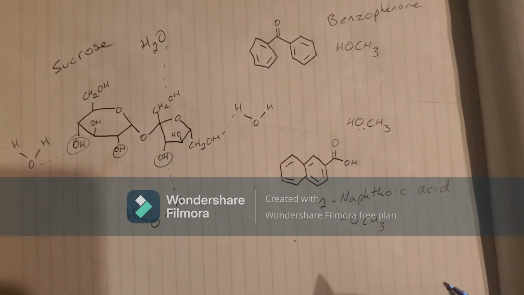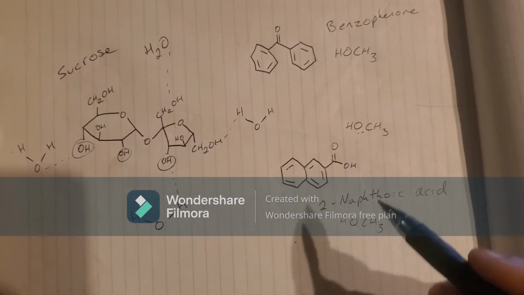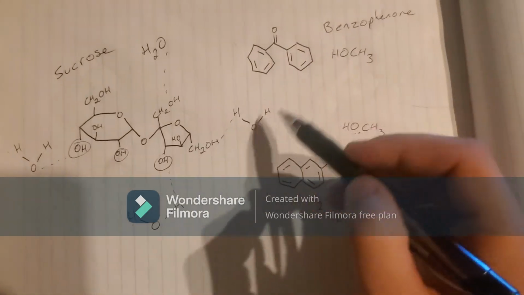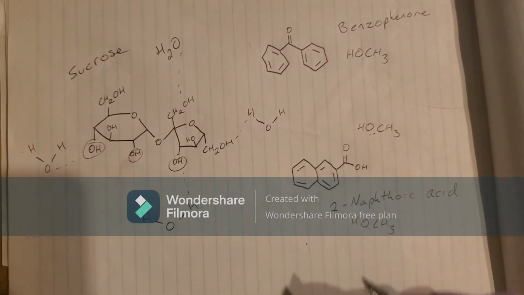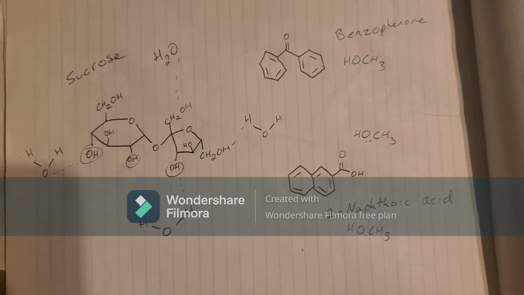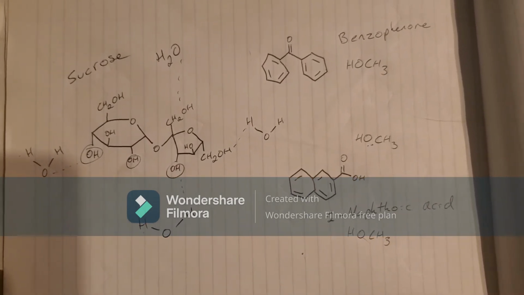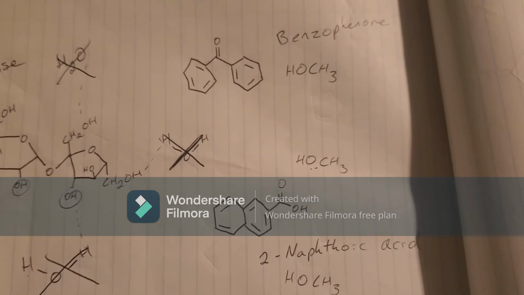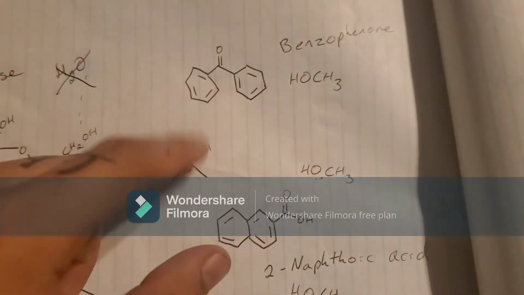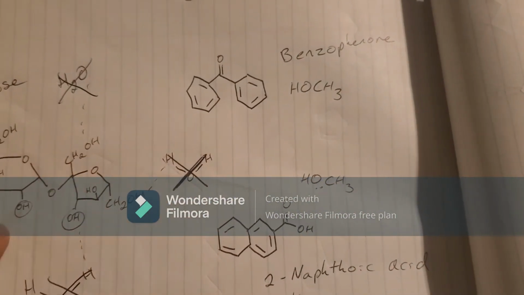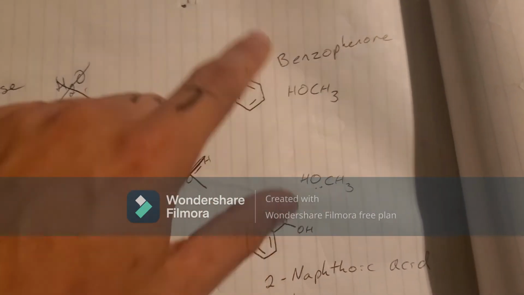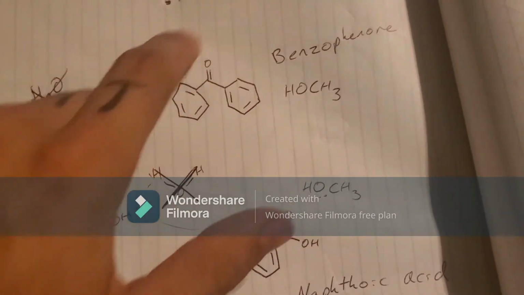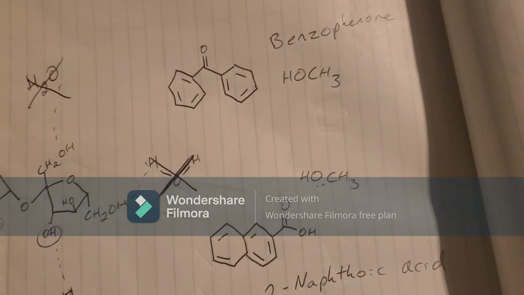Whereas benzophenone and the naphthoic acid have these big aromatic groups blocking the access of the water molecules to be able to do much hydrogen bonding with them, giving them a very low solubility. The dipole moment for these two is also very weak. They're not nearly as strongly polar as this. There's just these big hydrophobic groups here that'll block water.